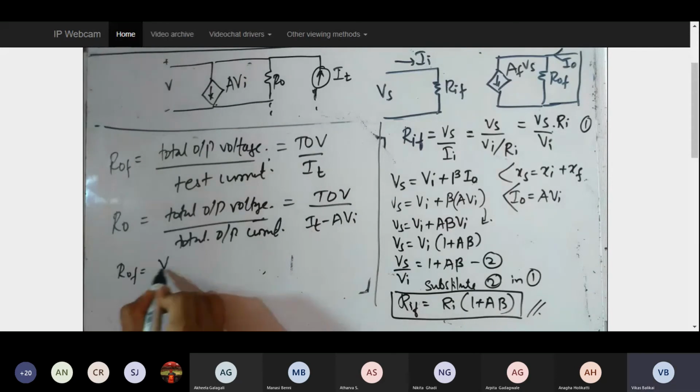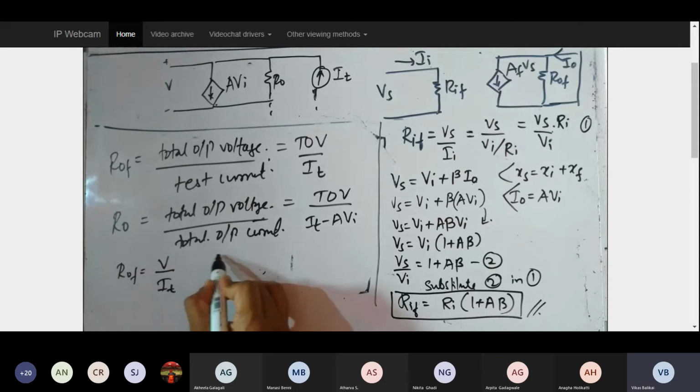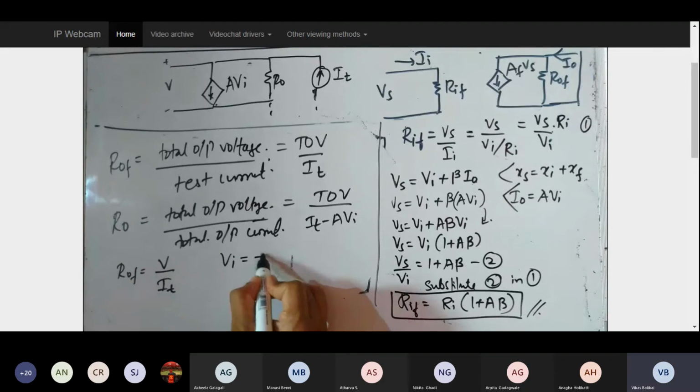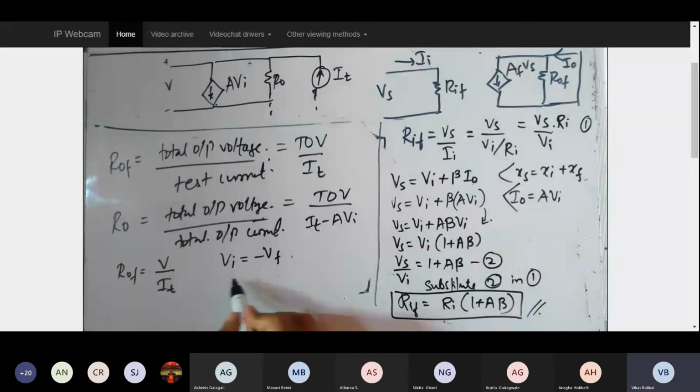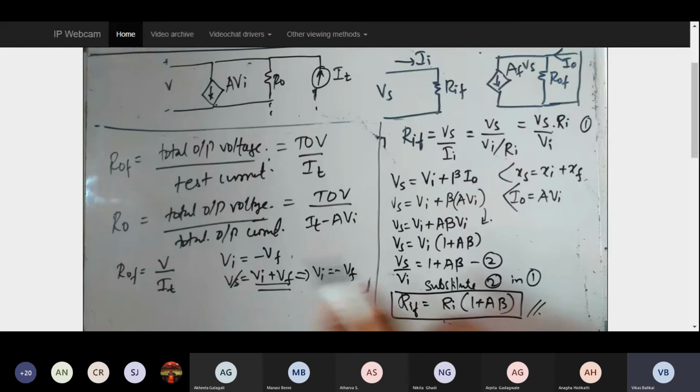So in this case, Vi is equal to minus Vf. Why? Since look over here, Vs equal to Vi plus Vf is my equation. Since Vs is 0, this results in Vi is equal to minus Vf. That's what I did in the last class, or last derivation also. And how do I express Vf?